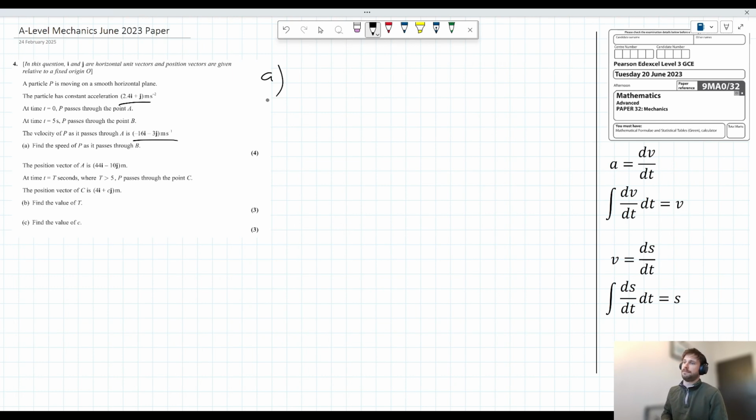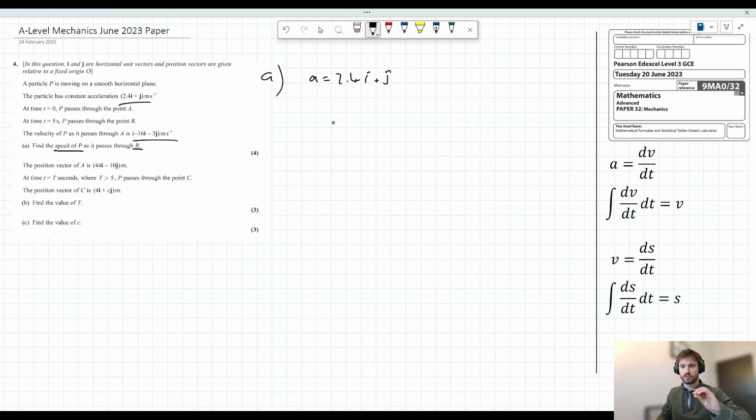Note that we're given the acceleration here. We're given a constant acceleration as a vector quantity. And we're being asked to determine the speed of the particle at a certain point in space / time.